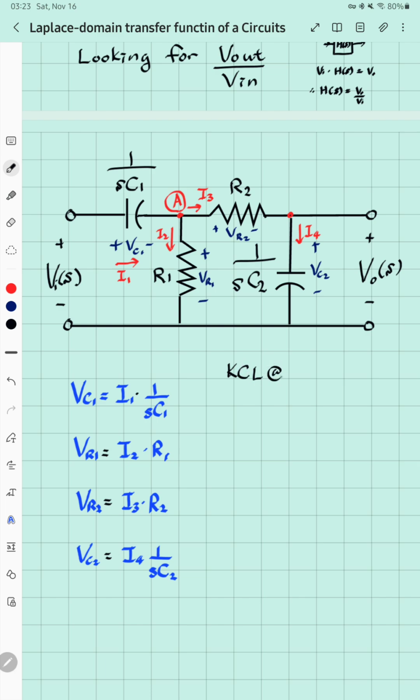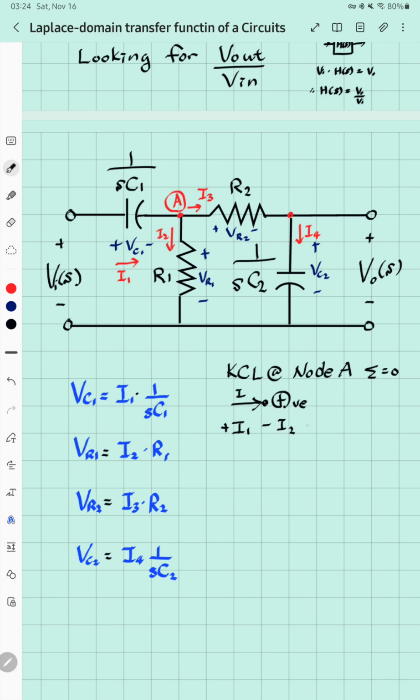KCL at node A. We'll assume everything going into the node is positive, so the sum around that node should be 0. I1 goes in, that's a plus.